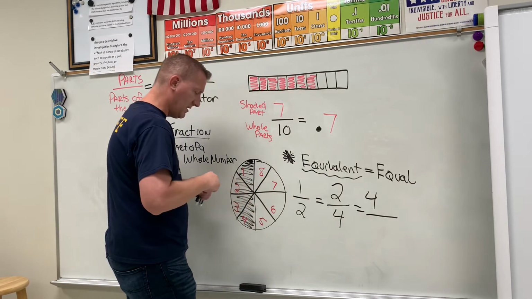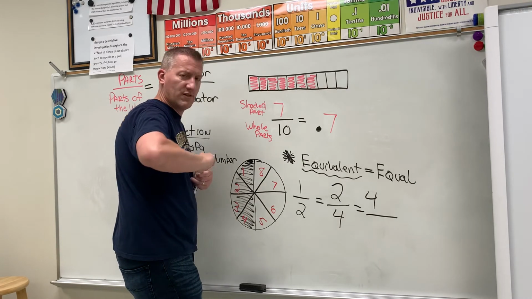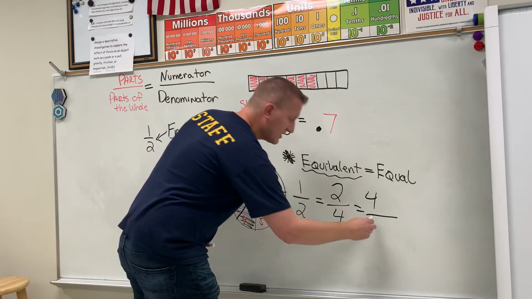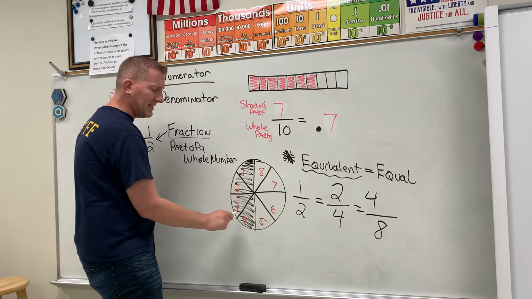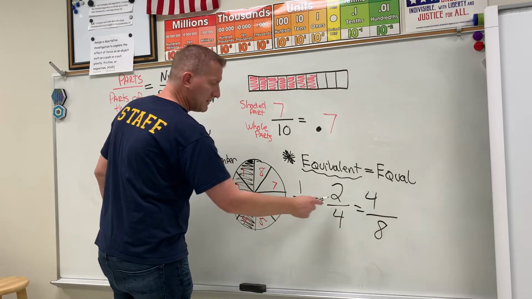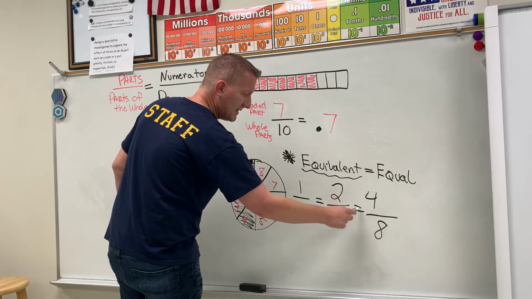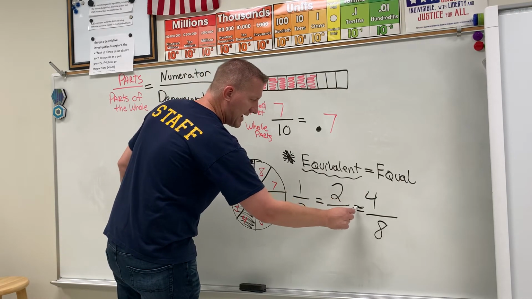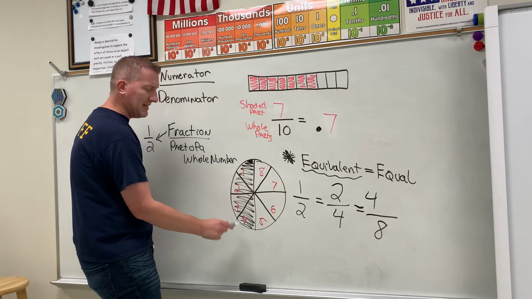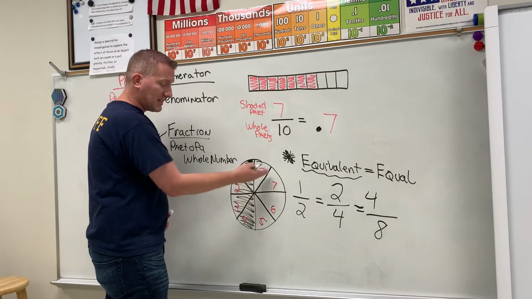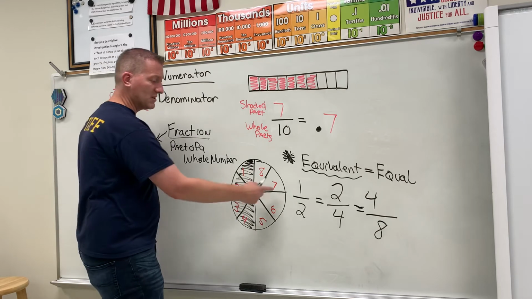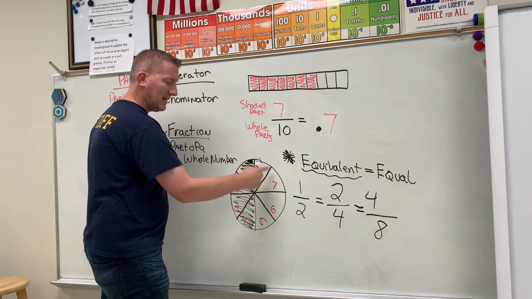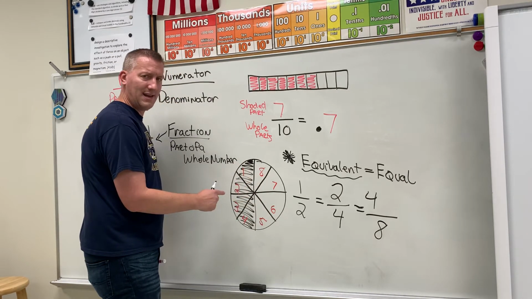So my denominator over here is going to be 8. But I still haven't shaded any more. I'm leaving it the same. I'm just cutting it into different sections. So it's the same whole pie.